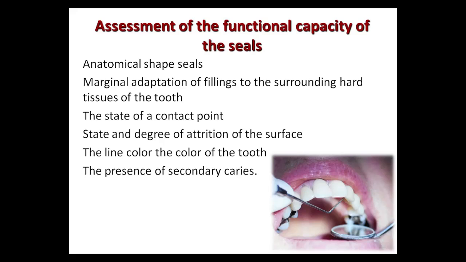We use probe and mirror and assess anatomical shape, marginal adaptation of fillings to the surrounding hard tissue of the tooth, the state of the contact point, state and degree of abrasion of the surface, the color of the filling, the color of the tooth, and the presence of secondary caries.